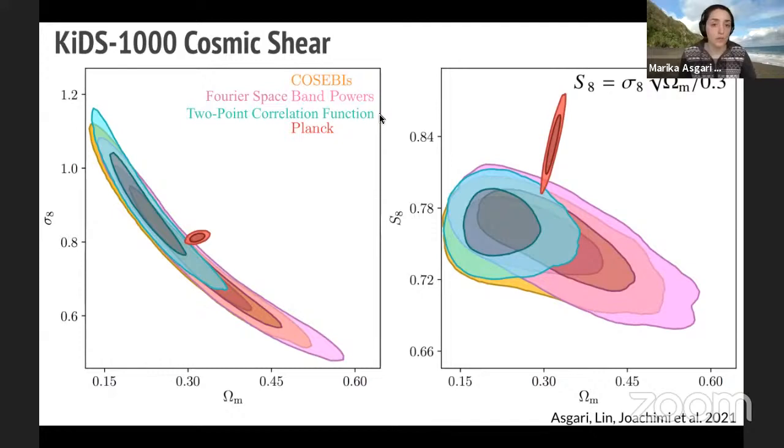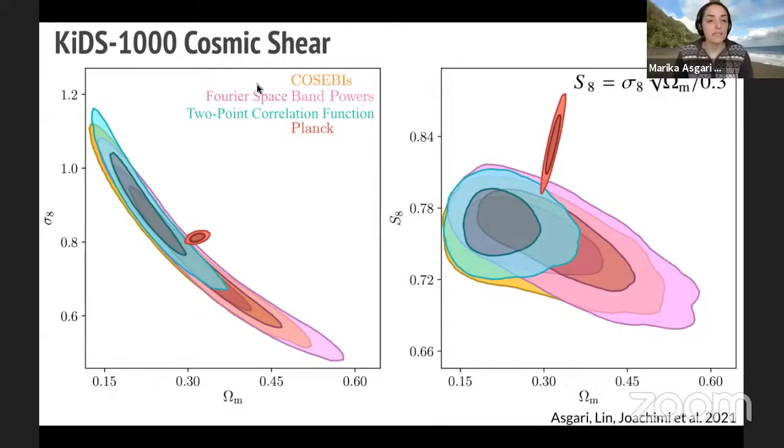The first one, the blue one, is showing the 2-point correlation functions. That's the plot I showed you before. These are real space quantities. And then in Fourier space, we have band powers, shown in pink. And then we have COSEBIs, which is in neither space, but it has some properties that make it very attractive for this kind of analysis. And that's why that's our fiducial statistic for this paper as well.